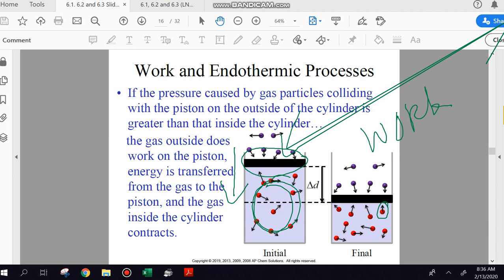The piston is going to continue to move downward, and the energy is transferred from the gas to the piston, and the gas inside the cylinder here is going to contract until we reach that equilibrium of kinetic energy on the outside and the inside being equal. So the gas particles right here inside are exerting the same amount of force as the gas particles on the outside of the piston.